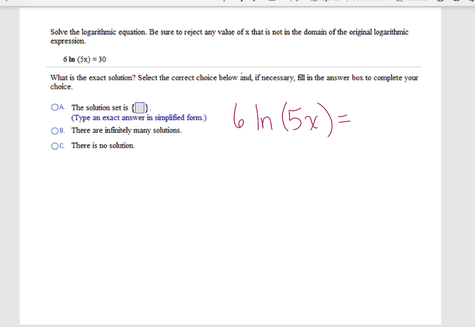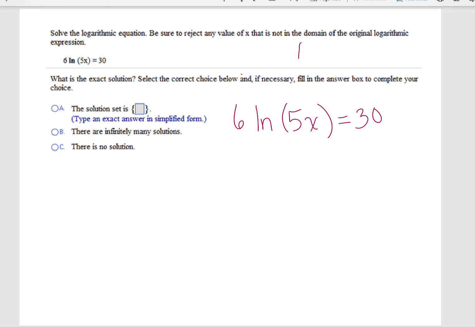So remember, my goal is to get it in that basic logarithmic form, meaning that I want it in some form like this. When I look here, I have a natural log there. And remember that that's just log with a base of e, right?